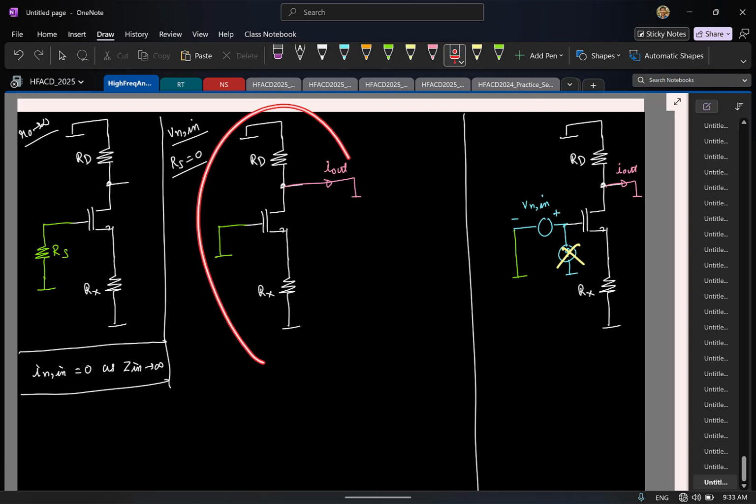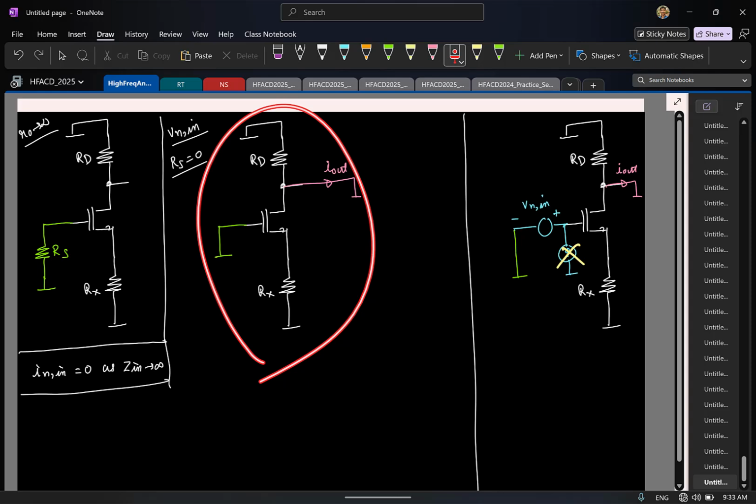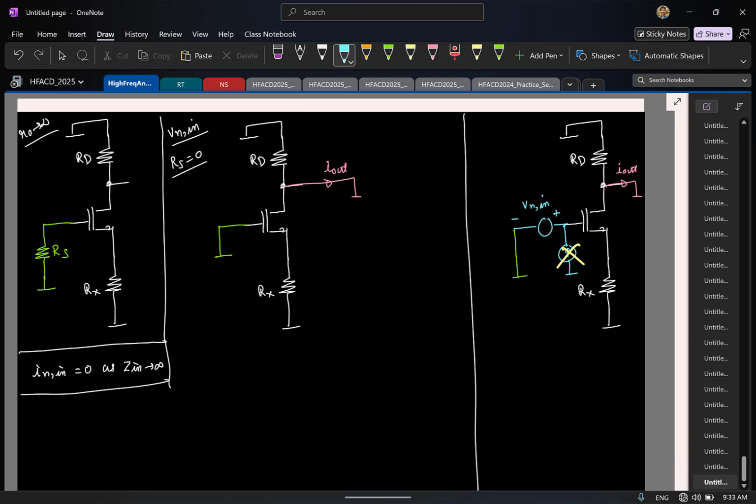Now let's look at my actual circuit. How many elements contribute to noise here? Three of them. Let me model all their noise currents. So let us say this is In of RD, this is In of RX, this is In of M. Again, let's compute contributions one by one.